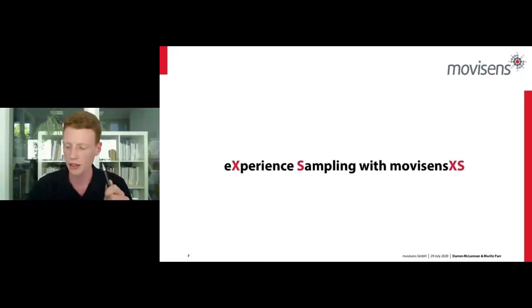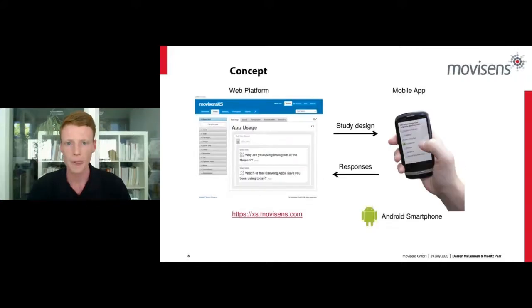I will just quickly tell you about our experience sampling solution movisens XS, which is the base for using the mobile sensing features provided by movisens. The basic concept is pretty easy. We have the web platform on the one side and a mobile app on the other side, which work together to provide all the capabilities that we need for experience sampling.